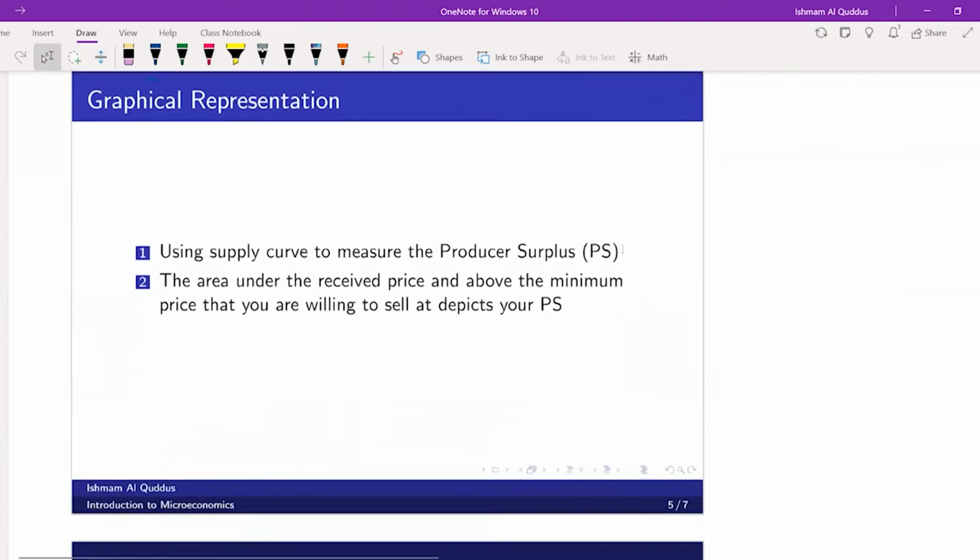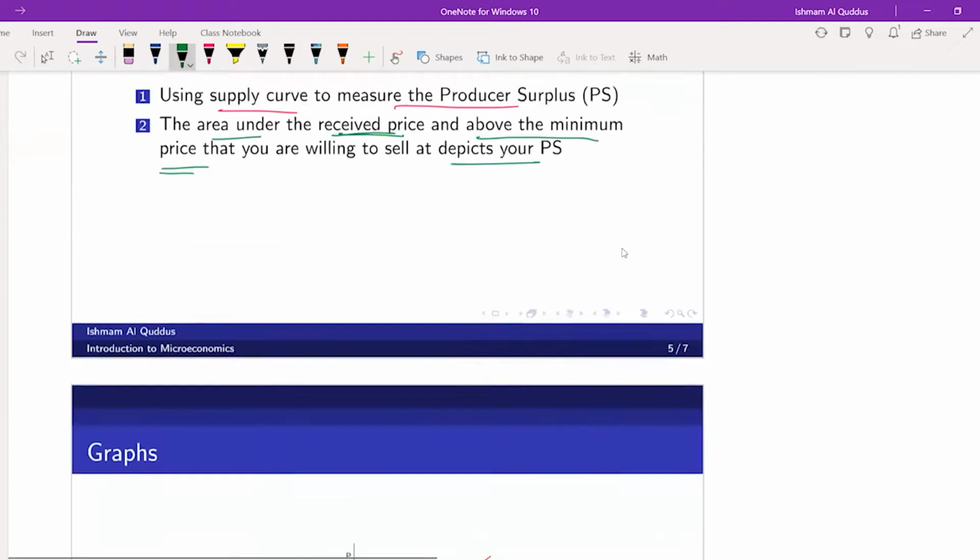So just like consumer surplus, we can use graphical representation to understand this concept, to learn how to measure the producer surplus. So using the supply curve, we can measure the producer surplus, and the area under the received price, the amount received, and above the minimum price, that is your WTS, depicts your producer surplus.